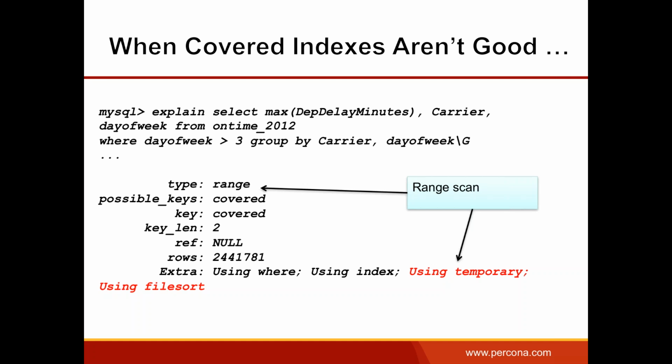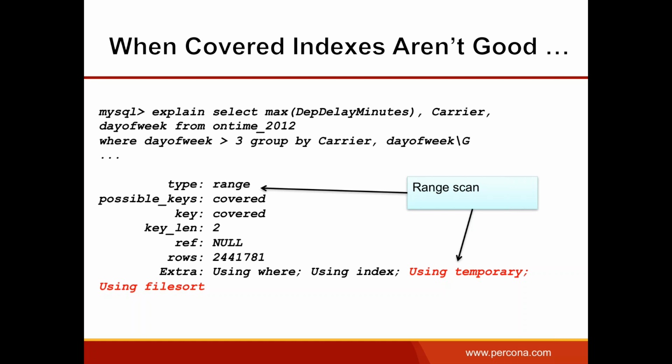It will use the leftmost part of this index, the day of week part, but it will still have to create a temporary table and a file sort. It also shows using index, so it is good in this regard because it will use the covered index to satisfy the query, but in addition to that, it will have to create a temporary table and a file sort.